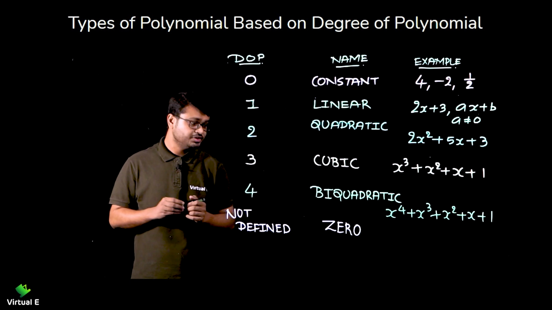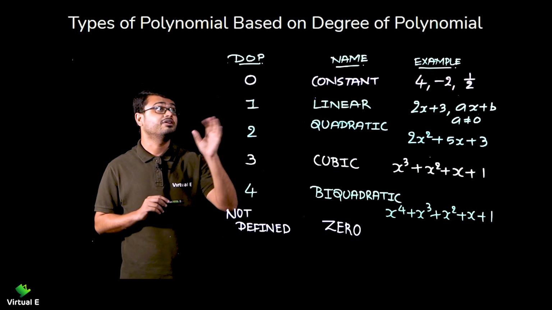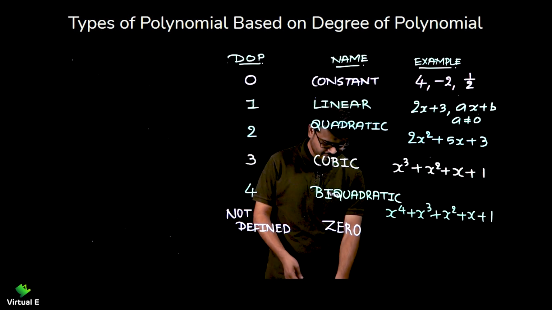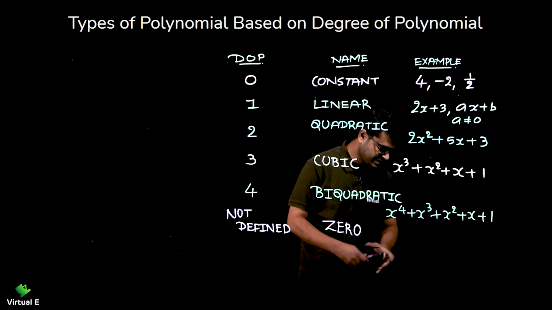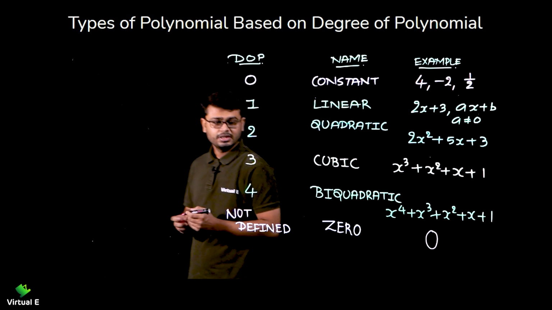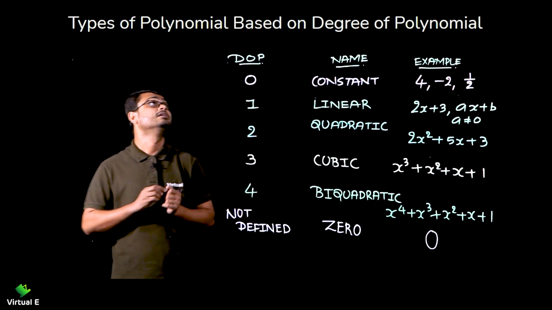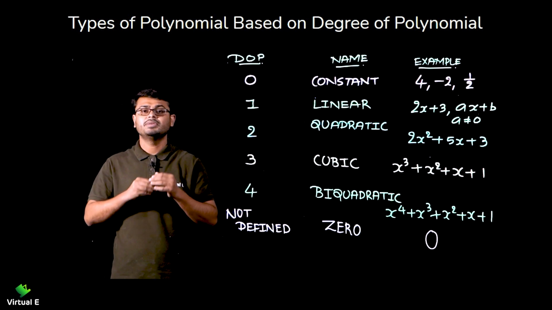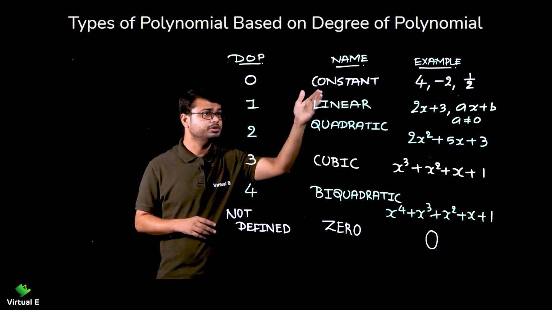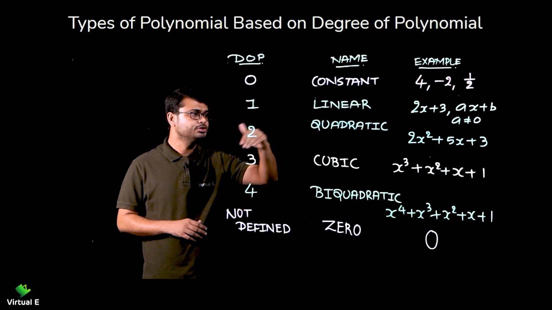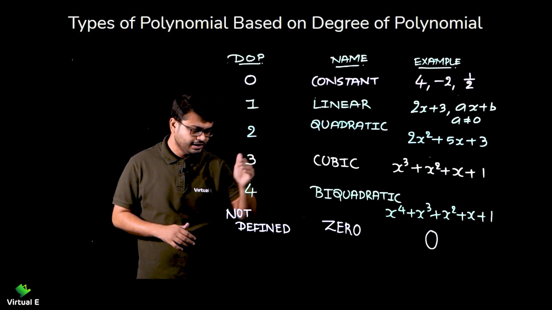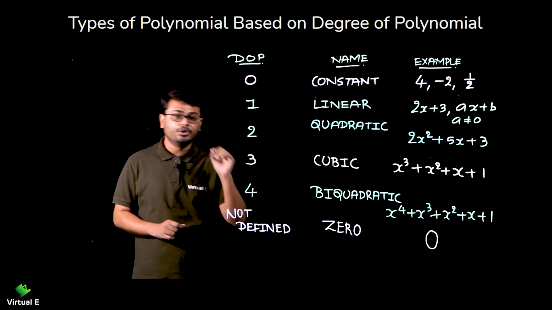And finally, the zero polynomial, whose degree of polynomial is not defined. Generally, an example we can write is 0 only. It's the best example of that, right? So this is how we classify polynomials based on degree of polynomial. Remember, 0 constant, 1 linear, 2 quadratic, 3 cubic, 4 biquadratic, and for 0 it is not defined.